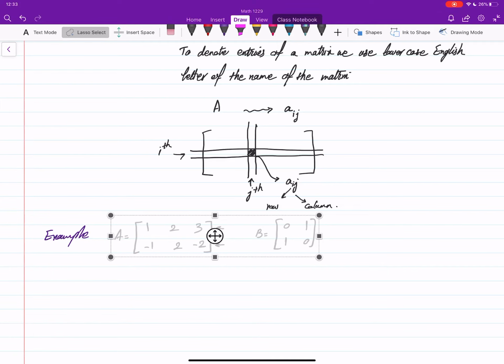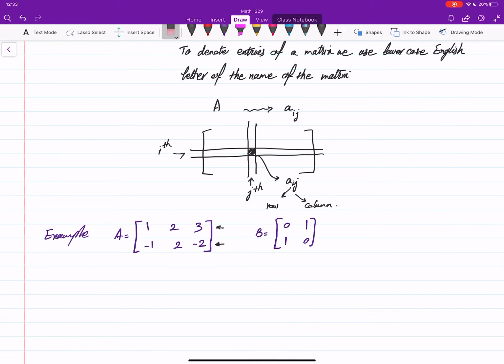So for this A, a_11 means the entry on the first row and the first column.